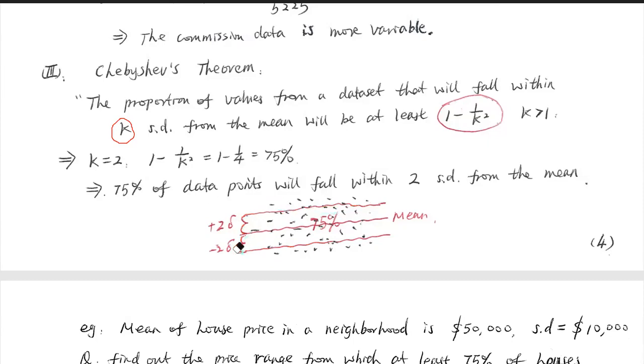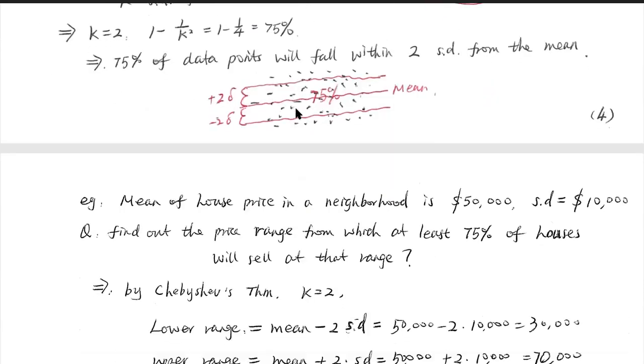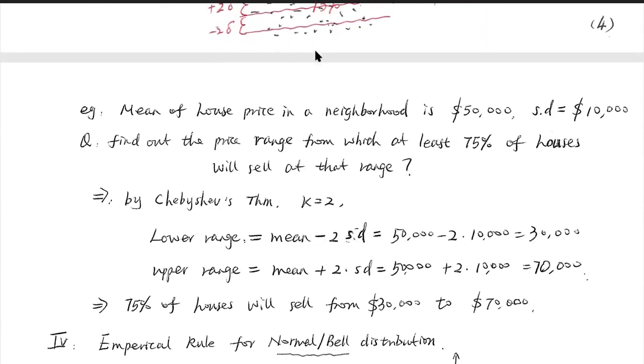Let's use some example here so you understand it better. In case you have questions, let's follow this example so you know what I'm talking about. In some neighborhood, they are given the average price. For example, it's about 50K. Let me draw that. Say here is about 50K in some neighborhood. Standard deviation is about 10K. So you will see some data points, sometimes high, like that. I'm trying to draw some data points here.